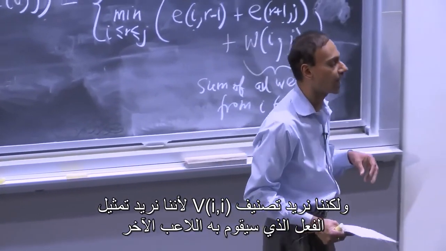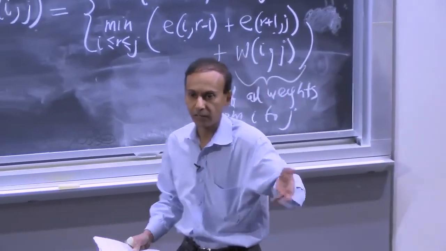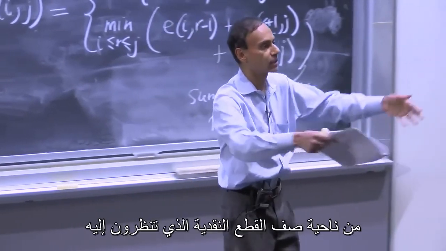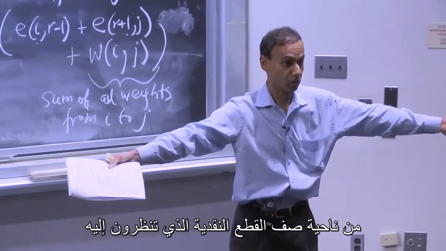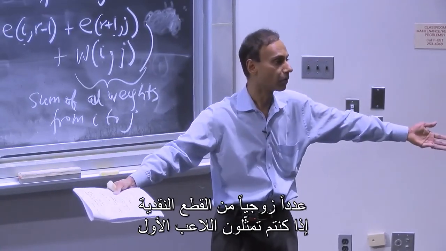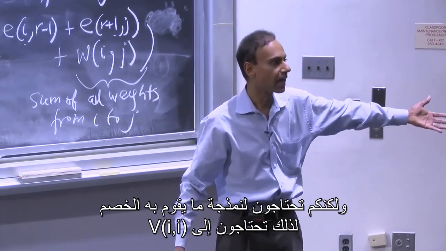But we need to characterize Vii because we need to model what the other player is going to do, right? So we can't just say that we're going to be looking at an even number of coins in terms of the row of coins that you look at, which is true that when you get to move, you only see an even number of coins if you're the first player, but you do have to model what the opponent does, so we need the Vii, okay?